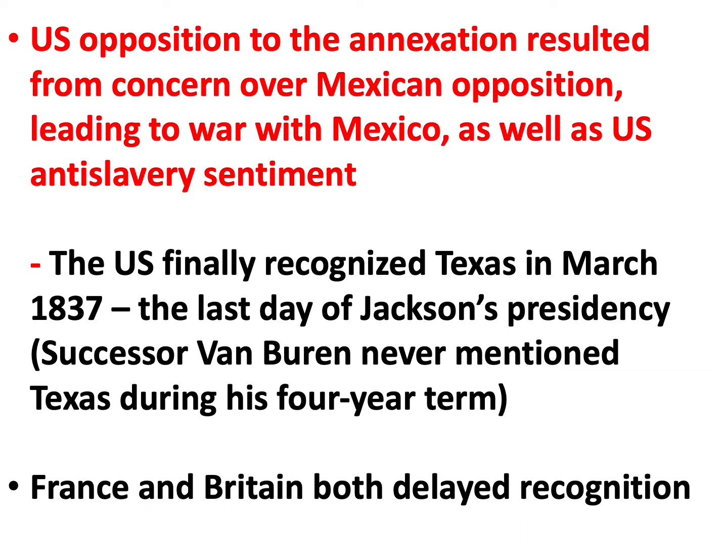In fact, on the very last day of his presidency, President Jackson formally recognized Texas as an independent country. Now, it's interesting, his successor as president, Martin Van Buren, served for 4 years and never even mentioned Texas during that 4-year period because it was so controversial.